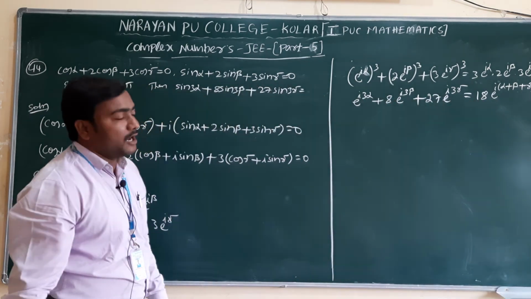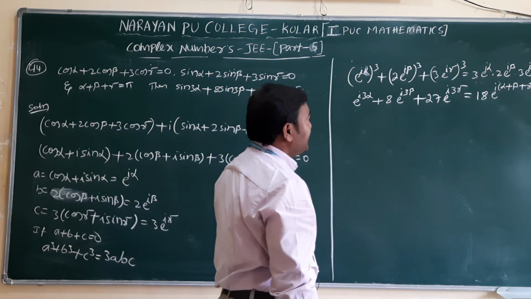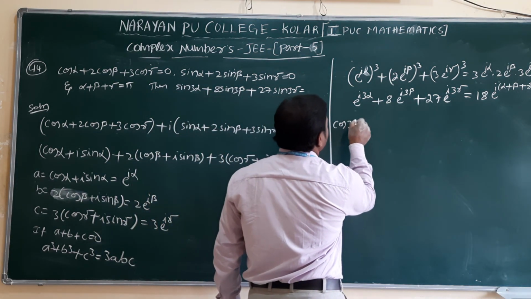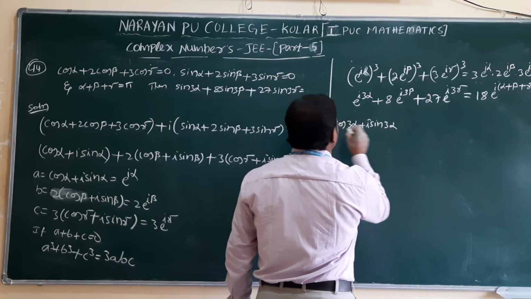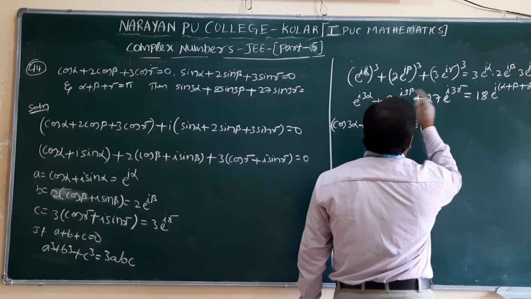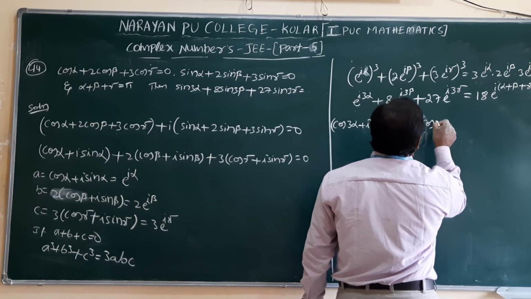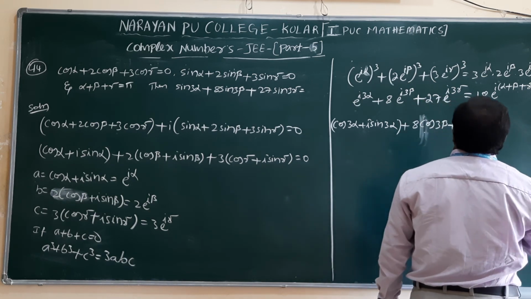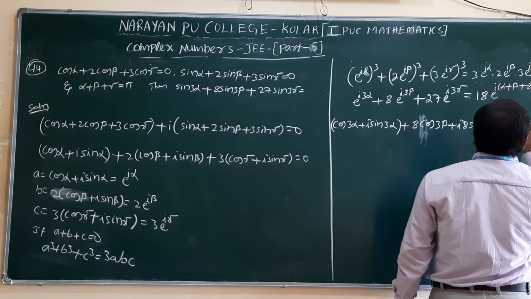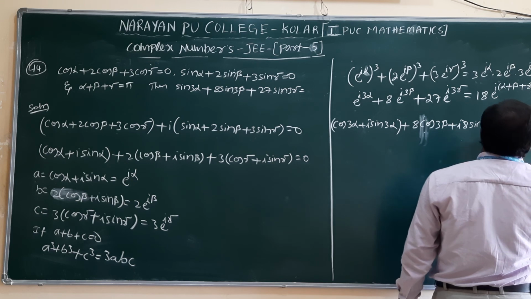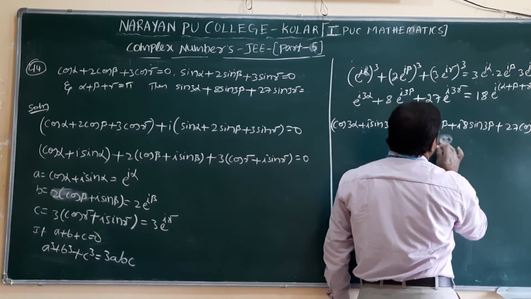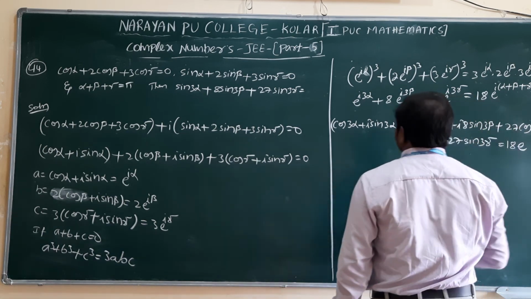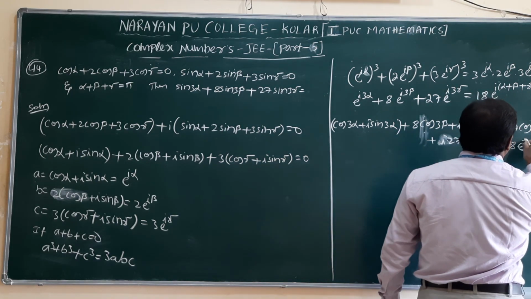But e power i 3 alpha can be written as cos 3 alpha plus i sin 3 alpha, plus 8 into cos 3 beta plus i into 8 sin 3 beta, plus 27 into cos 3 gamma plus i into 27 sin 3 gamma is equal to 18 into, already the condition is given, alpha plus beta plus gamma is equal to pi, so e power i pi.